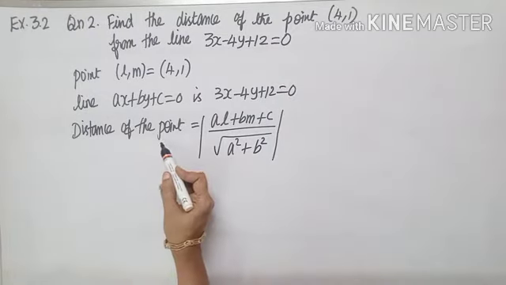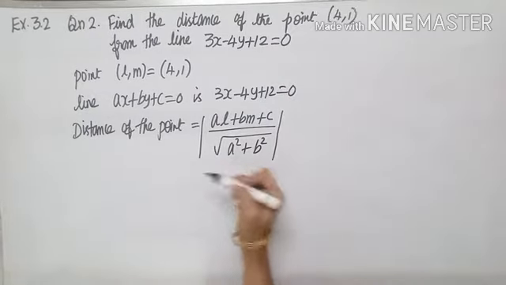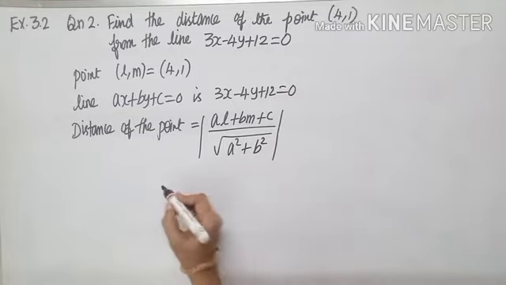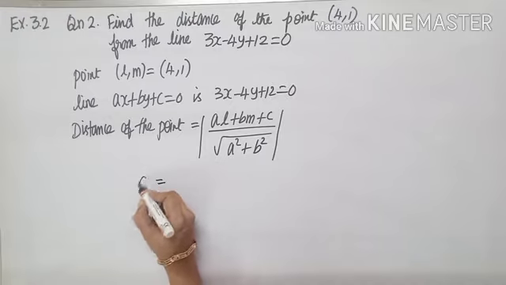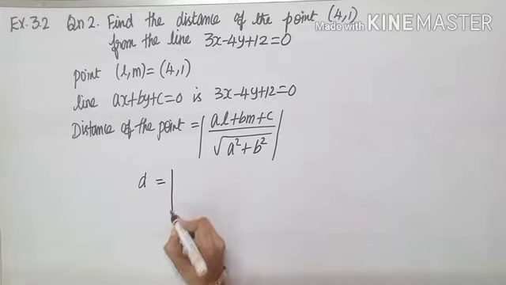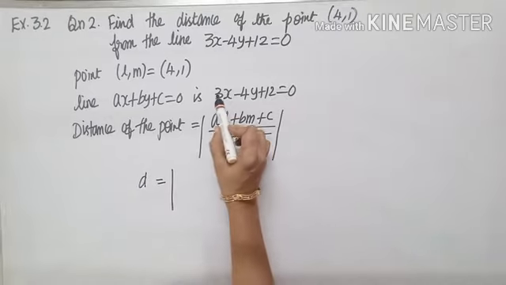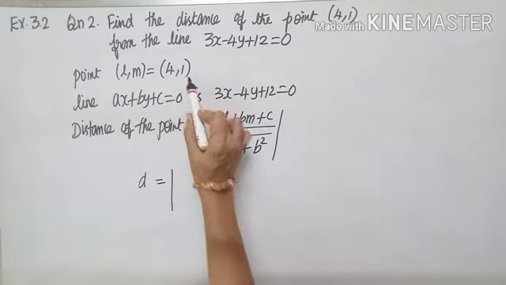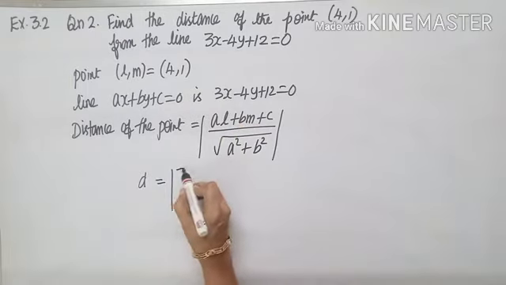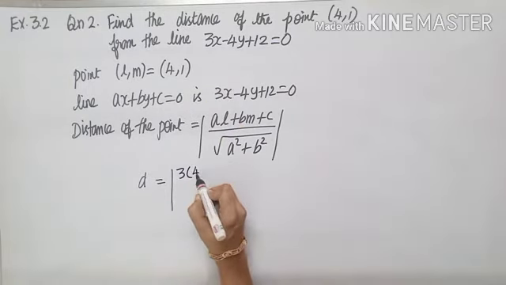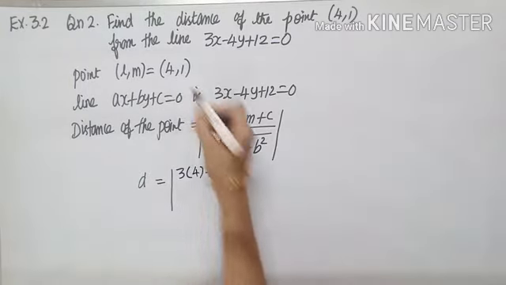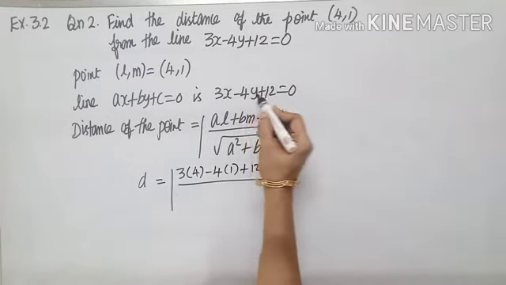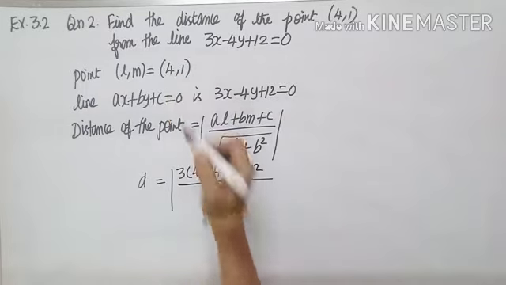Distance of the point, the formula, modulus of (AL plus BM plus C) by root of A square plus B square. So the distance is equal to AL, this is A, B, C. L, M. Just substitute. 3 into 4 minus 4 into 1 plus 12. In the place of x, y, we put 4, 1.